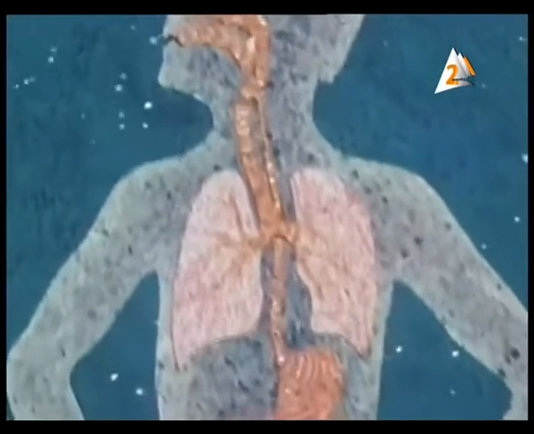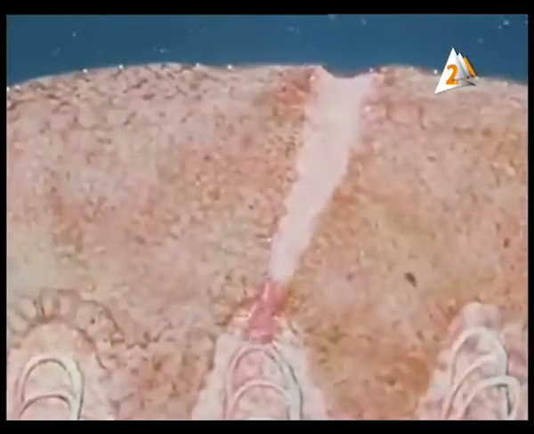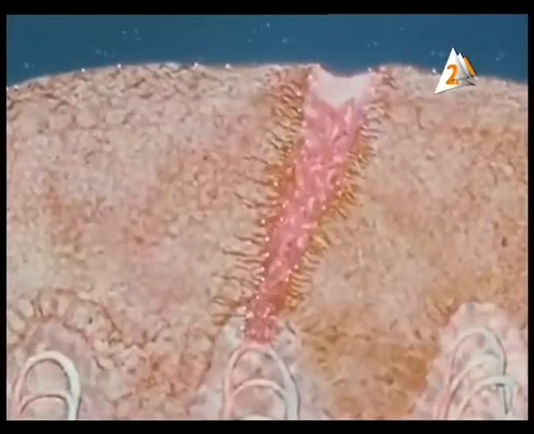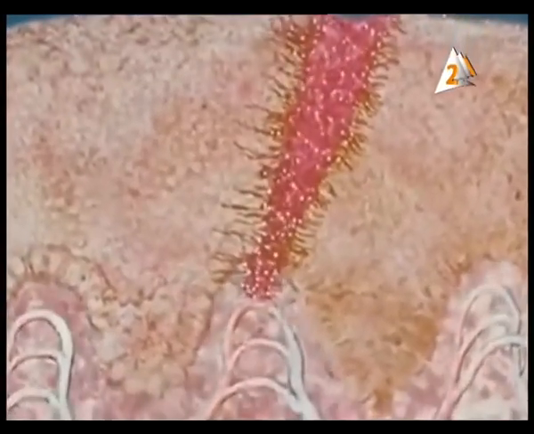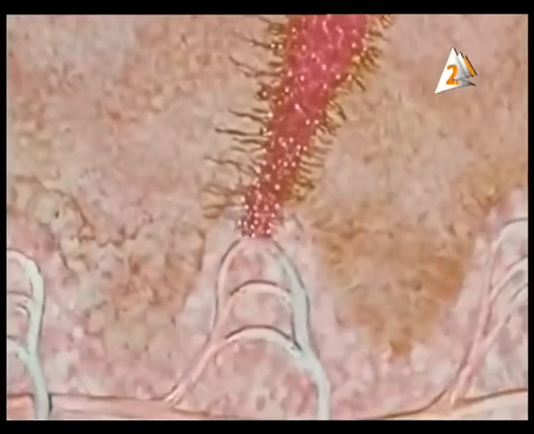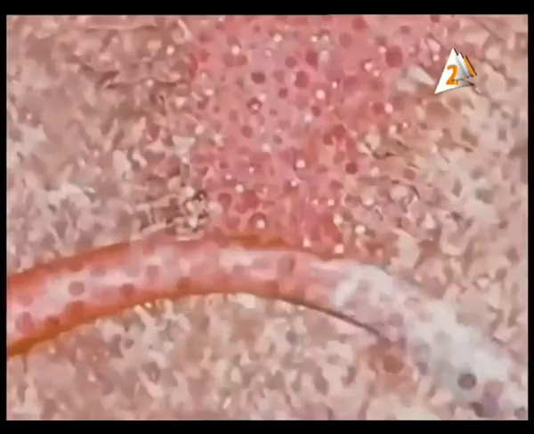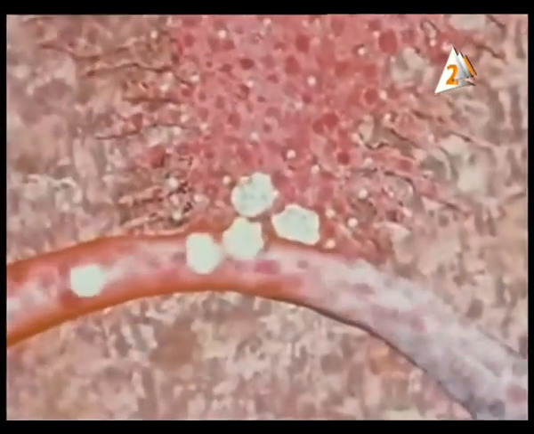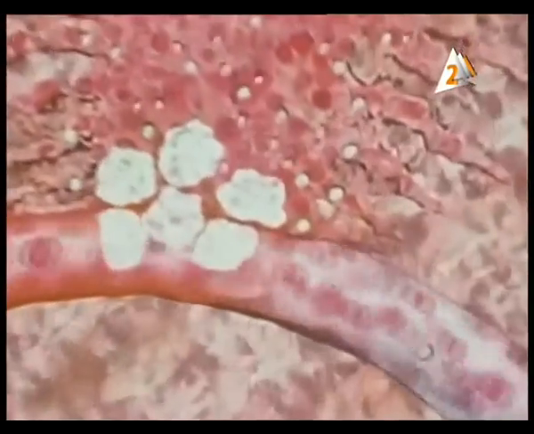So the first line of defense is the outer side of the body, or anything which directly faces the microbes or pathogens. The second line includes the inflammatory responses, for example at an injury, where some pus comes out. This is because of the battle between the white blood cells and the pathogen.